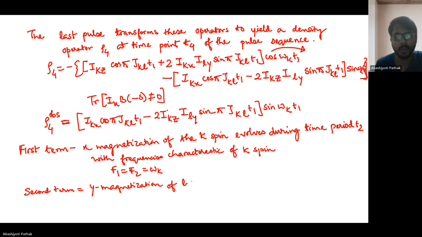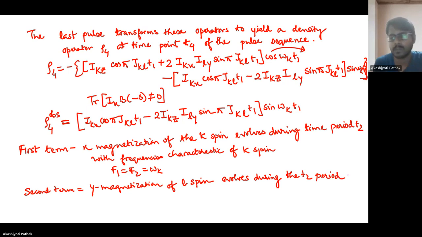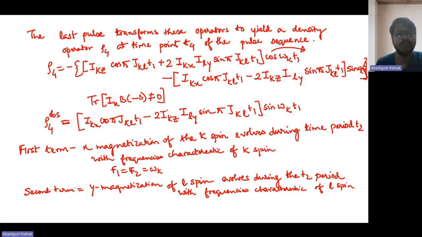Of the L spin. Therefore, this term, what will this produce? This term will produce a cross peak.